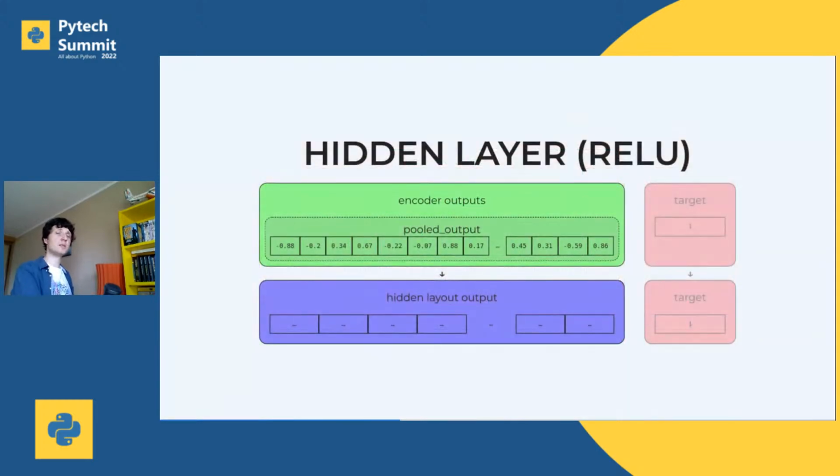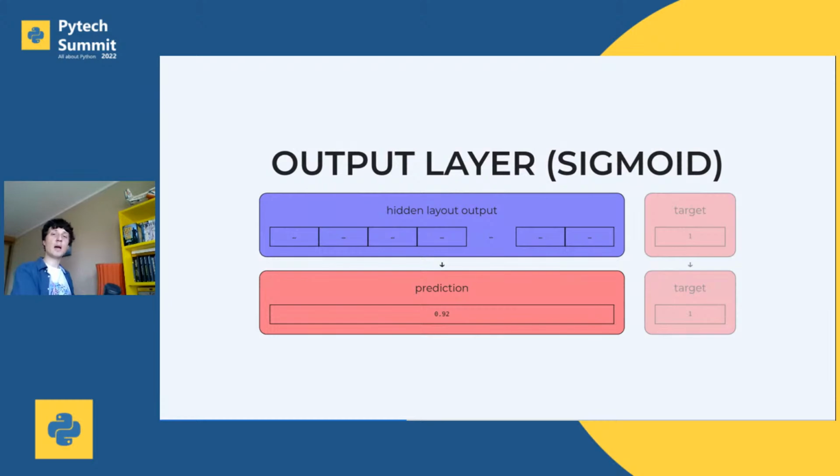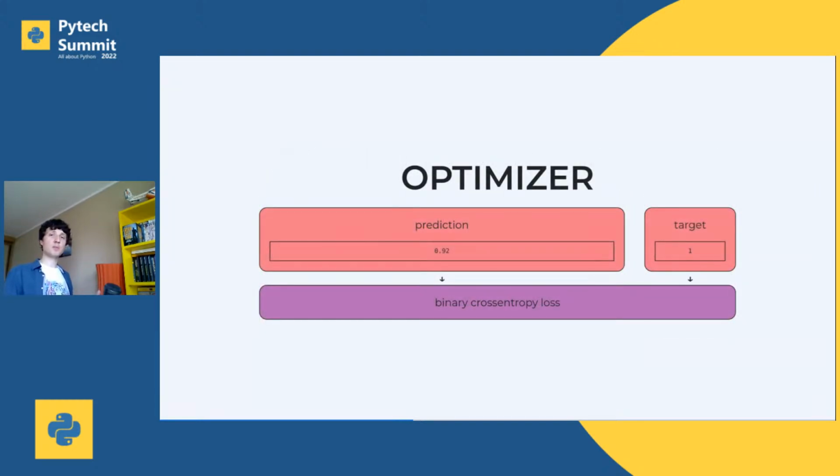Then we will take this summary vector and run it through a simple neural network. The first step is running it through a hidden layer of a neural network with ReLU activations, and finally running it through an output layer that is going to have just a single node. We want the output to be in the 0 to 1 range, so we choose sigmoid as an activation function. Once we have the prediction and we have the target from the training set, we can plug those 2 into binary cross entropy loss for the optimizer to optimize our model.